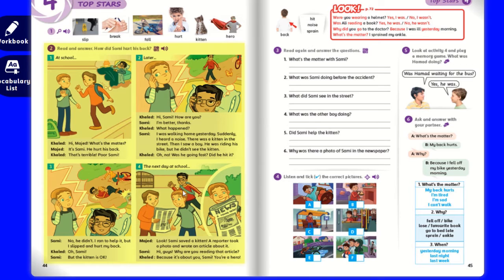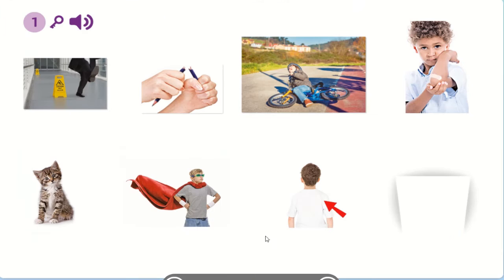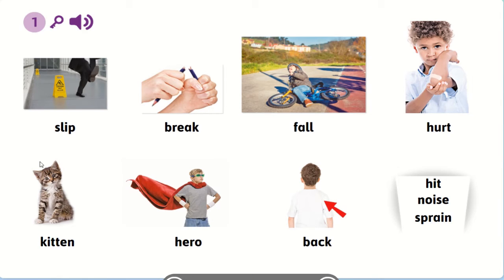On Wednesday and Thursday, we are going to do Top Stars and we will have more vocabs and structures. We will have slip, on, wet floor, break, fall, hurt, kitten, heel, back, hit, noise, and sprain.